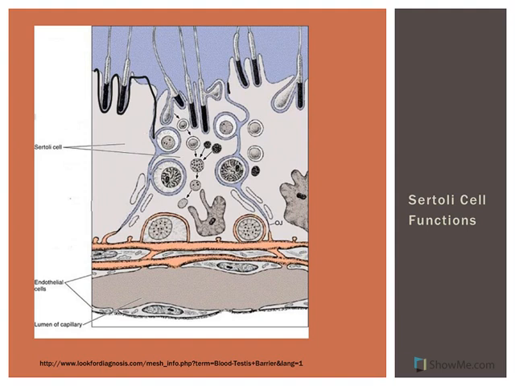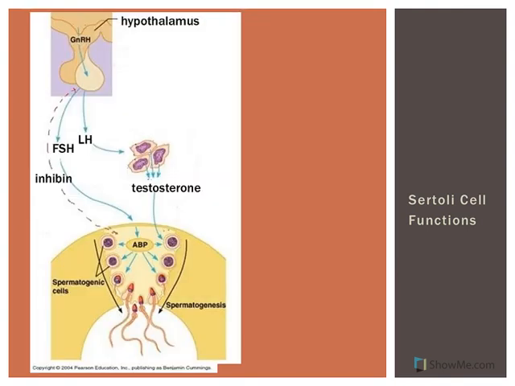Now, they have a lot of functions. They're very, very important cells. Besides producing various factors and nutrients that aid in the development of the sperm, they're going to do other things. So I want to go through some of the other functions. One of the functions is that they produce a hormone called inhibin.